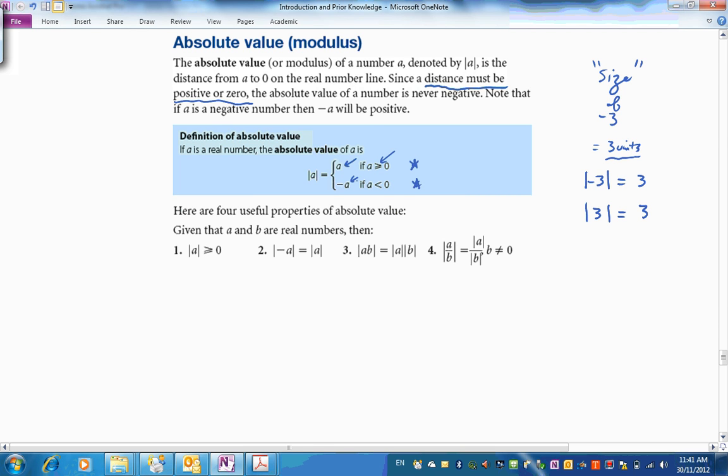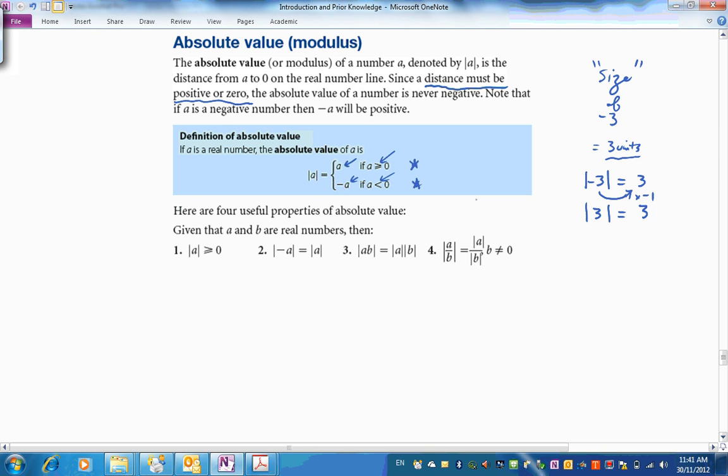It equals the negative of the number if the number is itself negative, because that's what we're saying here. How do you get from -3, taking the modulus of it, to 3? Well, you can multiply by -1, and that would give you the 3. That's what the definition is saying here. Modulus can't have a sign, it's a distance. It's an absolute value only, just a size value.